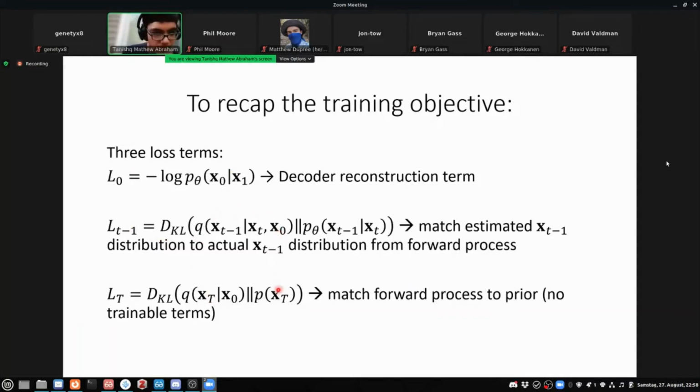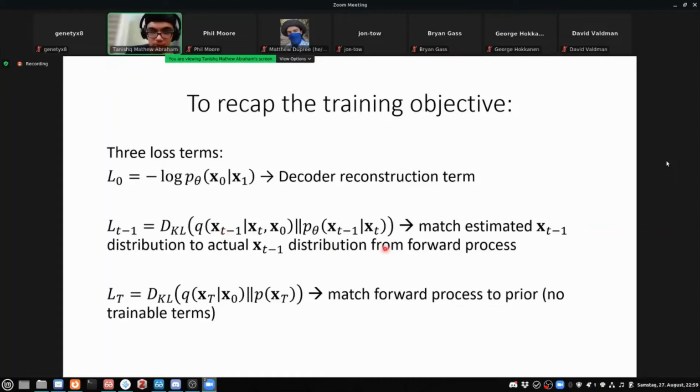And then the other terms are this L_{t-1} term, which is basically saying, can we match the x_{t-1} distribution to the actual x_{t-1} from the forward process? We have our reverse process here, and that's the process we're trying to learn, those Gaussian transitions, and we're just matching it to the forward process.